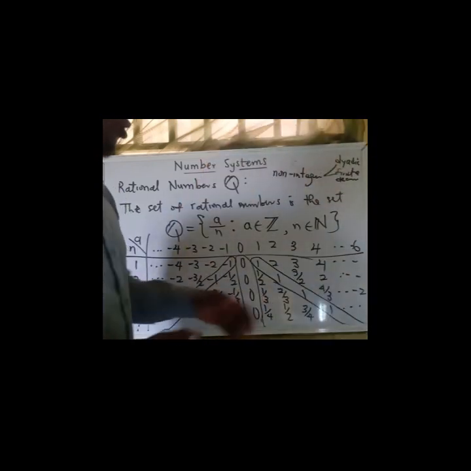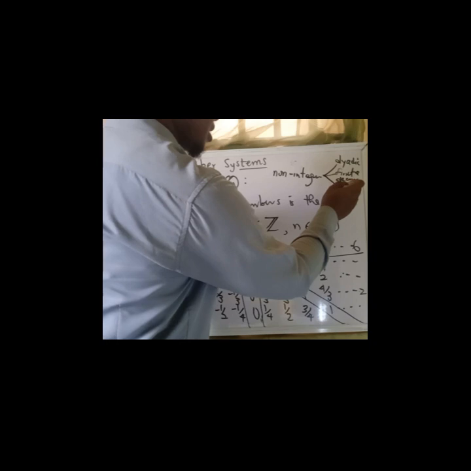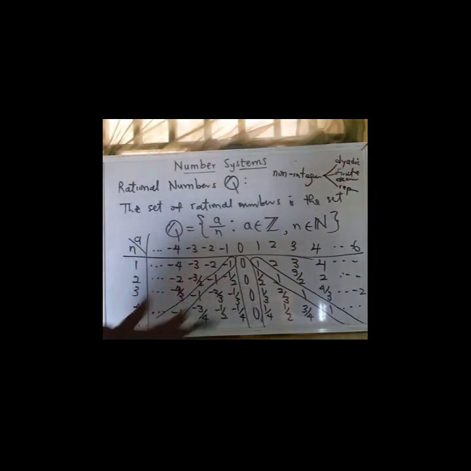That is called repeating decimals. So these are the types of numbers that we have here.